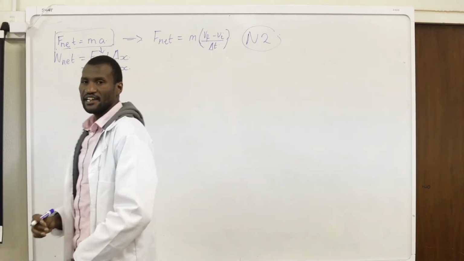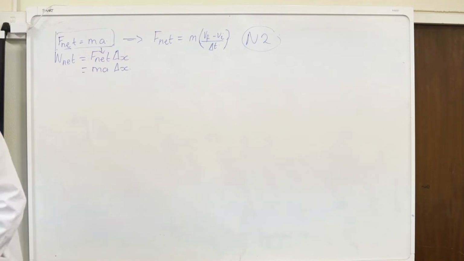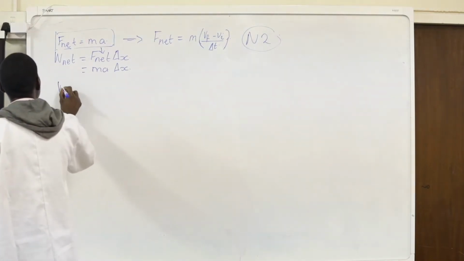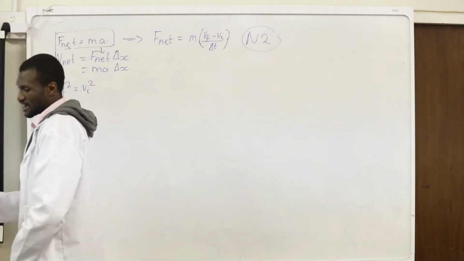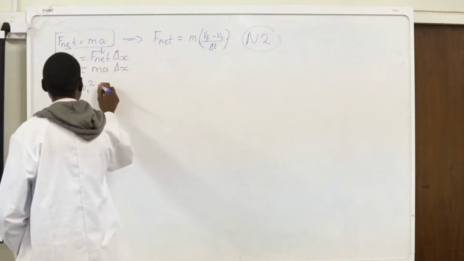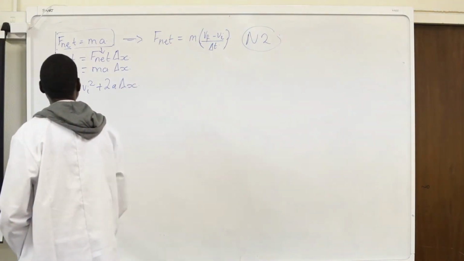All right? According to the equations of motion, we can pick up the equation that says Vf squared is equal to Vi squared plus 2 multiplied by acceleration multiplied by change in x.